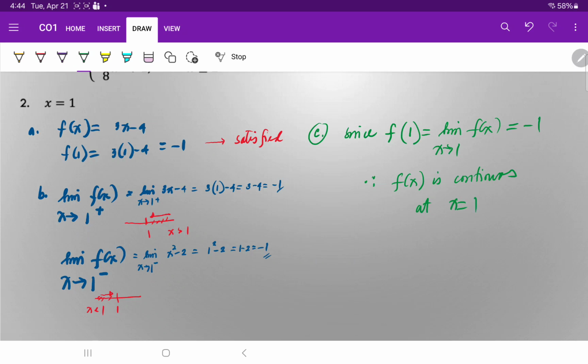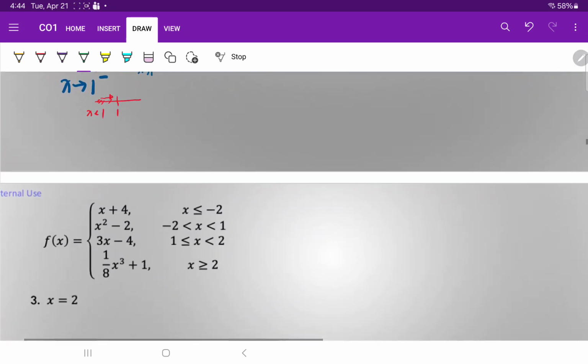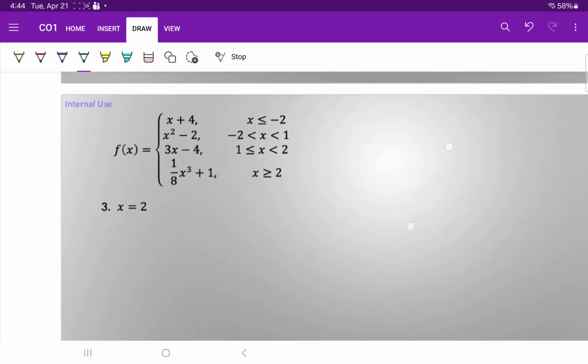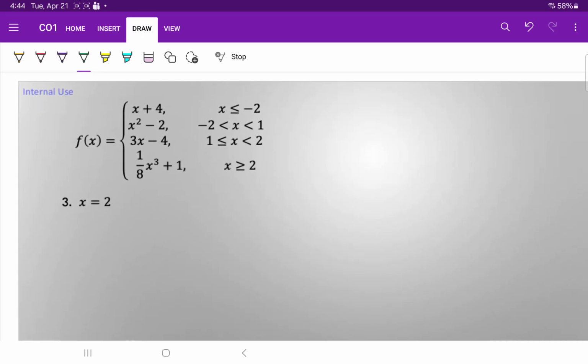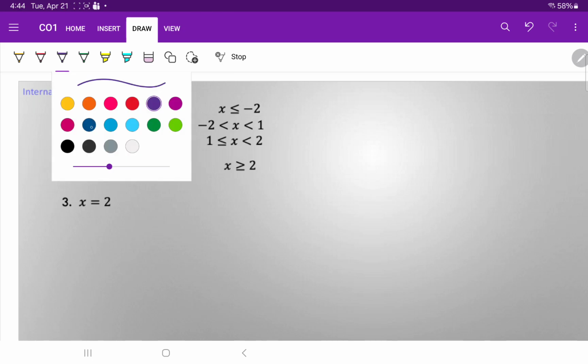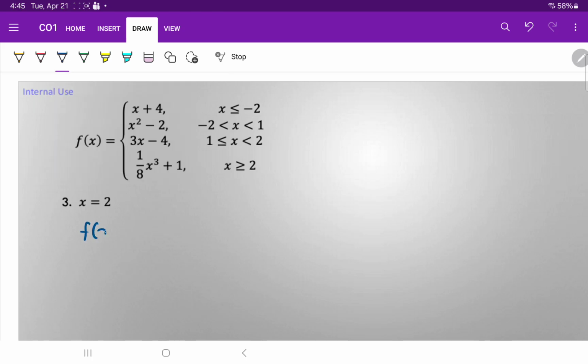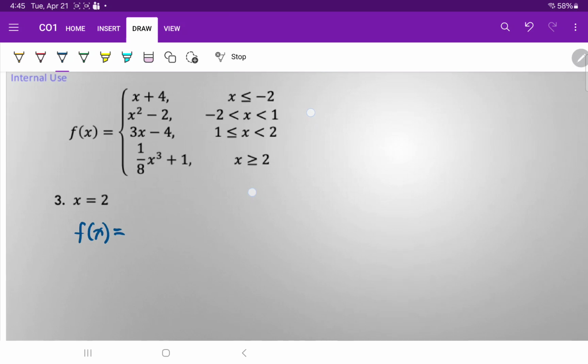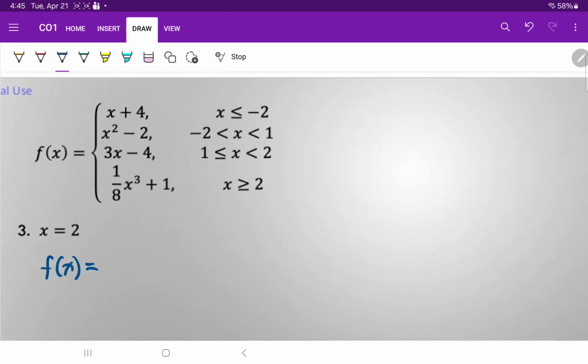Alright? Now, the next is to check or to determine if it's continuous at x equals 2. So at x equals 2, which must be your f of x? When is x equal to 2? That's this one.